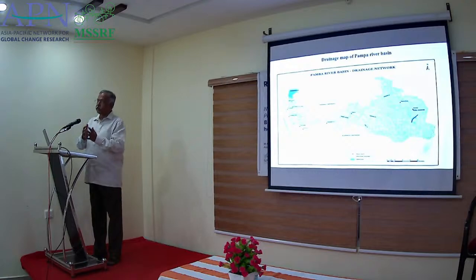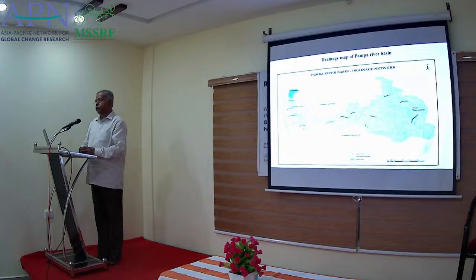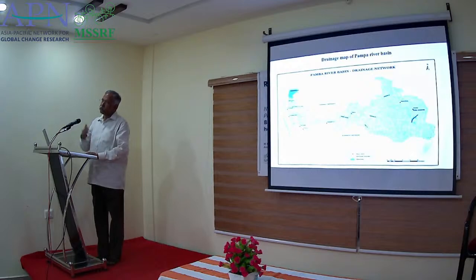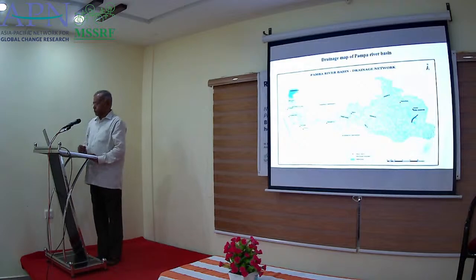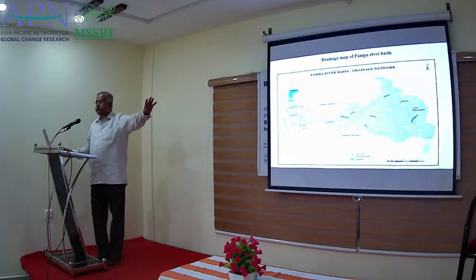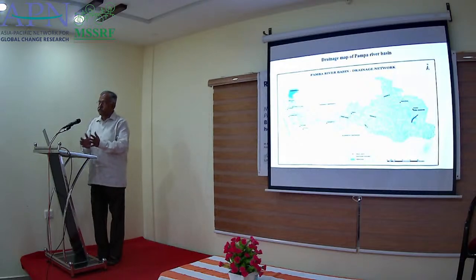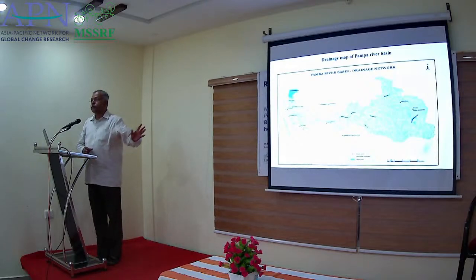They collect water and let it go to the next higher-order streams, so the stream goes on becoming bigger and bigger, ultimately joining the river. That is why a lot of water is collected from the larger area, and because of dredges, the width of the river basin has reduced. So naturally it puts a lot of pressure.